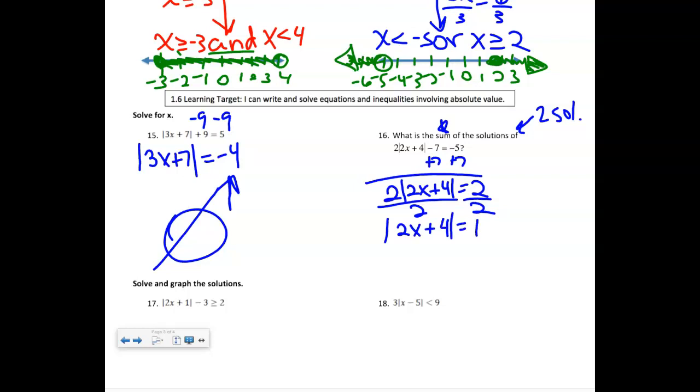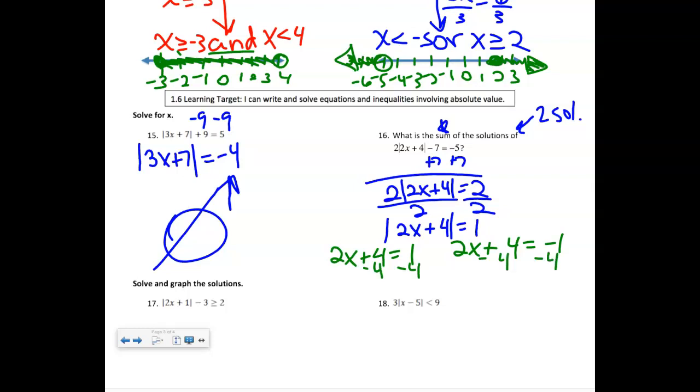All right, so here's where we split it. I'm going to say 2x plus 4 equals positive 1, and 2x plus 4 equals negative 1. Okay. On both of these, the first step, I'm going to subtract 4 from both sides. I'm going to have to crunch in here a little bit.